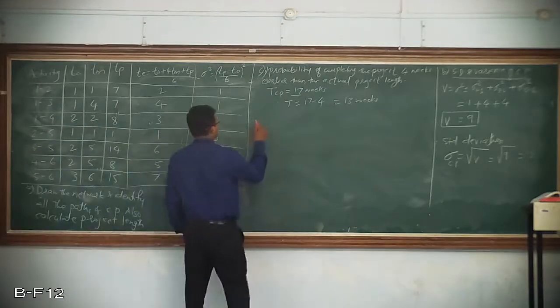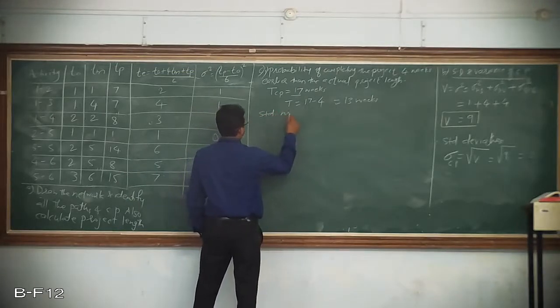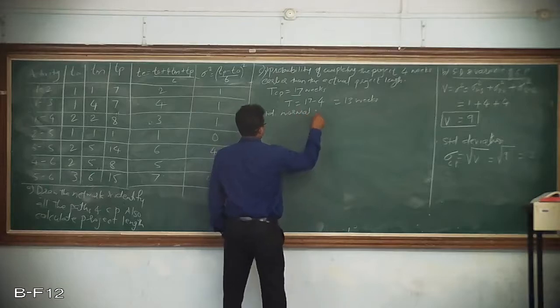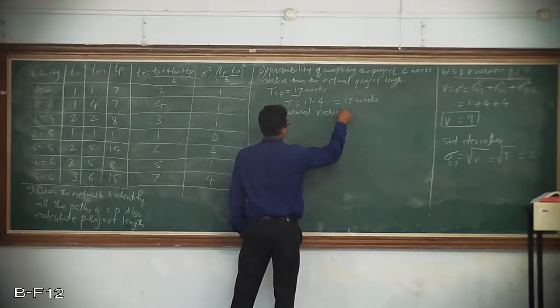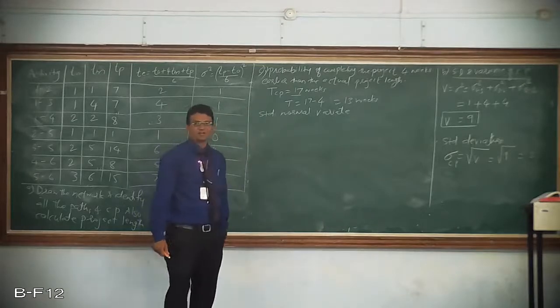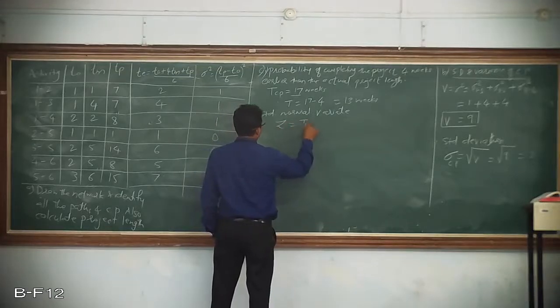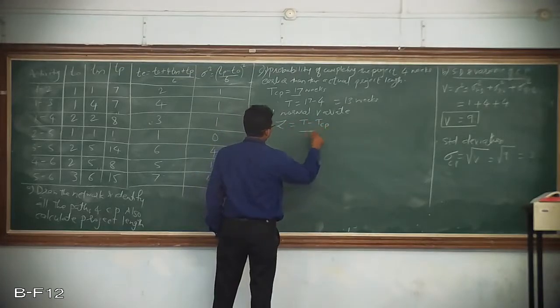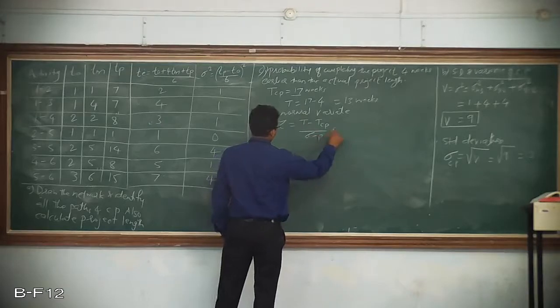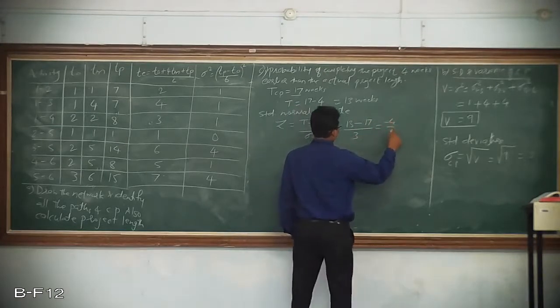Now I'll be using the normal distribution chart to calculate the value of Z. So Z is equal to T minus TCP divided by sigma CP. So now here 13 minus 17 divided by sigma 3. So minus 4 by 3.